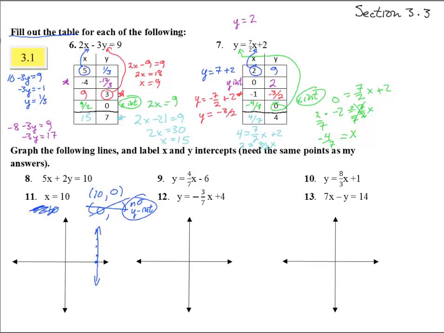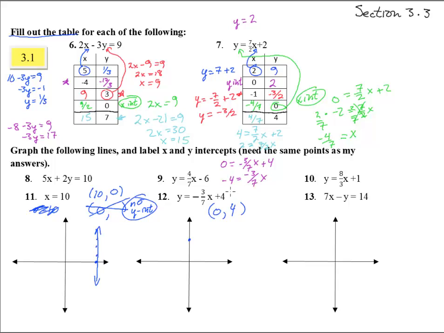Okay, number 12. y equals negative 3/7 x plus 4. If we put 0 in for x, we get 4 out for y. 0, 4 right there. Now, if we stick 0 in for y, we get, let's put it down here somewhere. 0 equals negative 3/7 x plus 4. Subtract 4 over there.